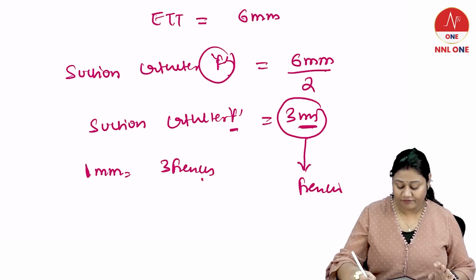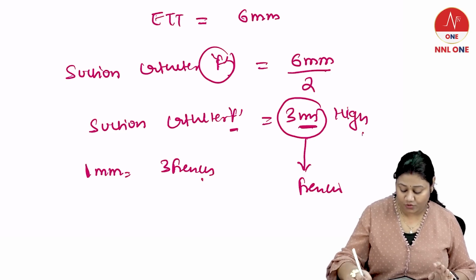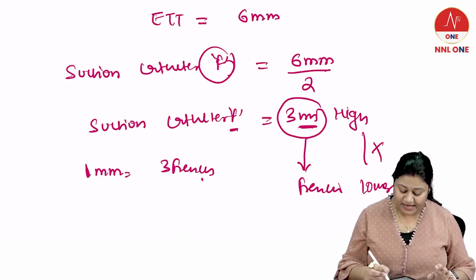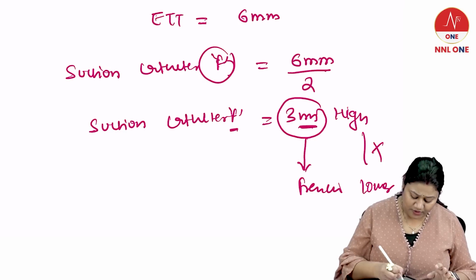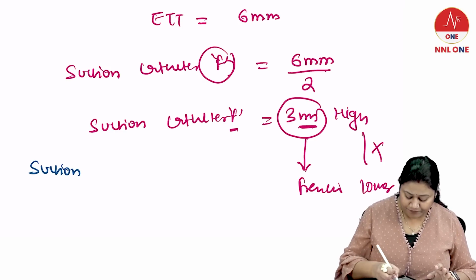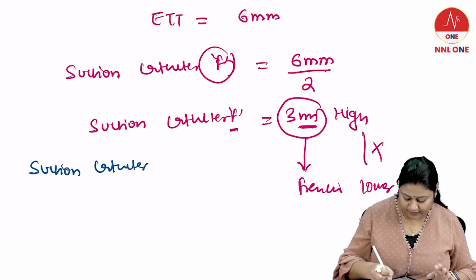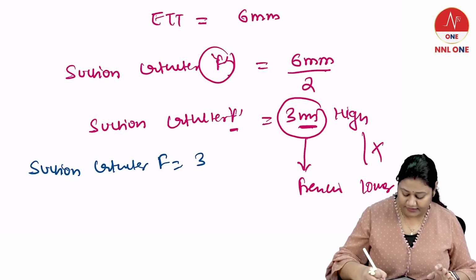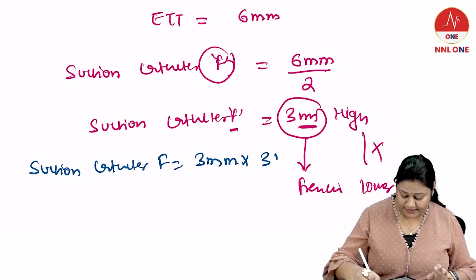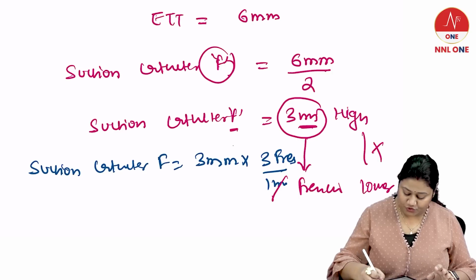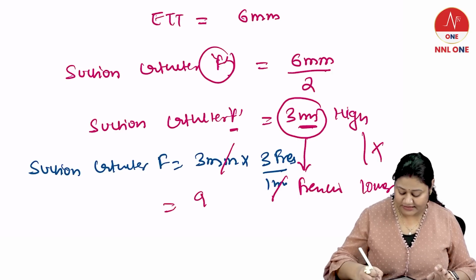So we know whenever we are converting any higher unit to the lower unit, the task is easy. We have to multiply with the difference, and the difference is 3, right? So the suction catheter size in French is 3 millimeter multiplied by 3 French per millimeter. Millimeter cancels millimeter, and 3 times 3 is 9 French.